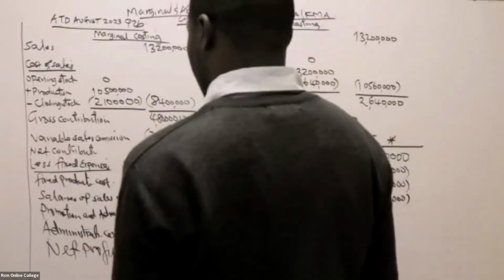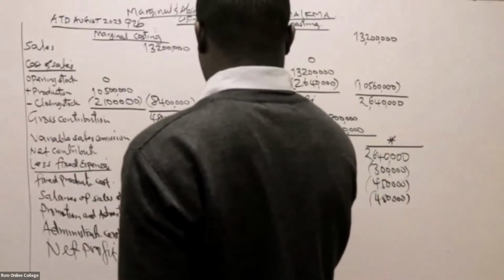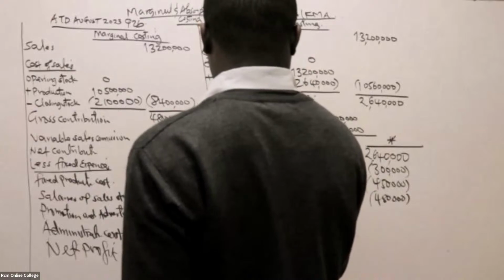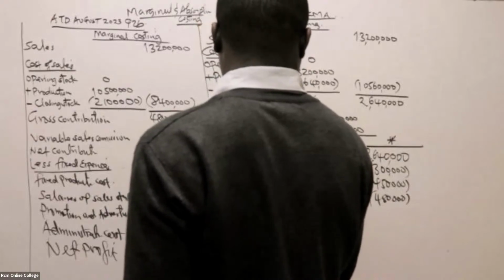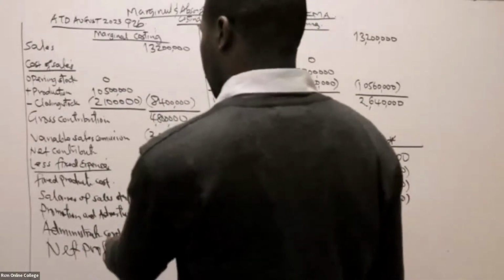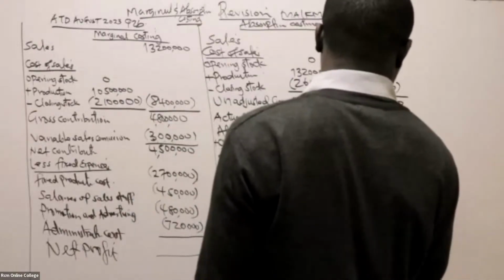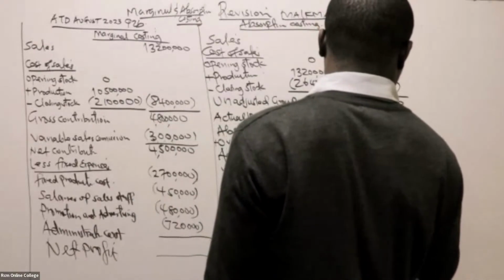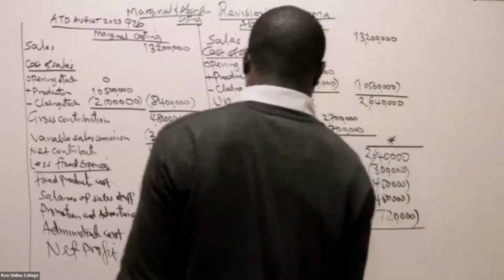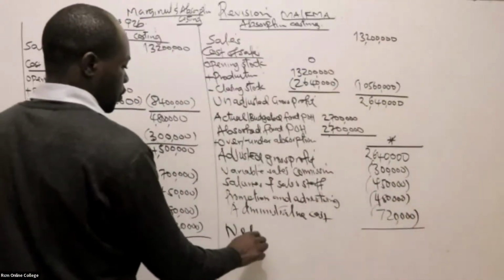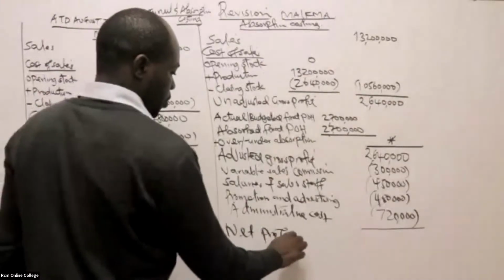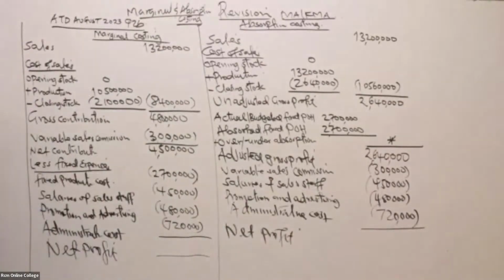Then we go to administrative costs, of how much? 720,000. What is your net profit as per absorption costing?